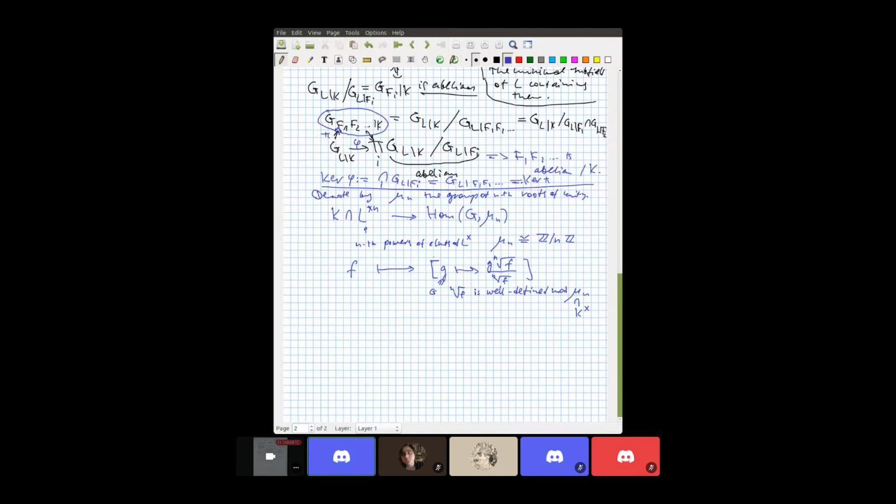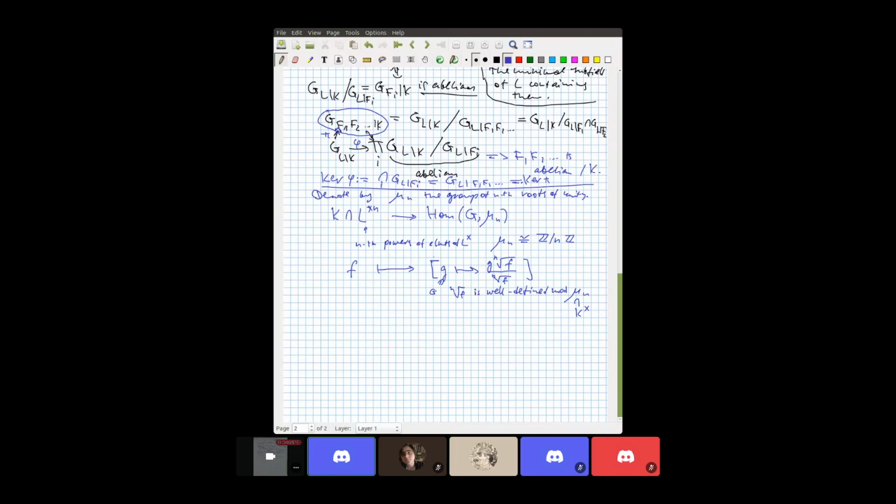What's the idea of this action? We want to send G to a root of unity, where G is an element of big G. And are you sure the thing on the right is a root of unity?